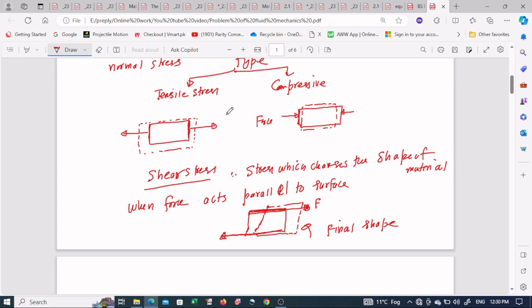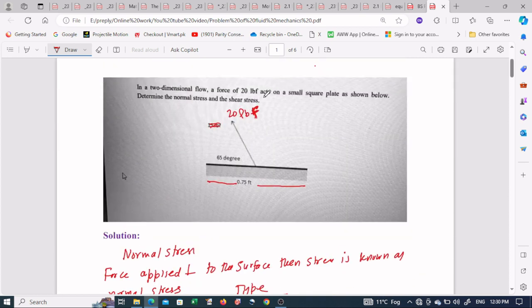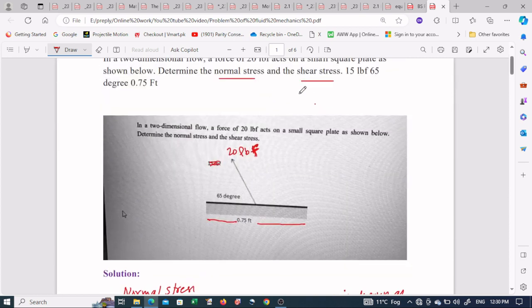Now in this problem we have to find normal stress as well as the shear stress. In order to find the normal stress, first of all we have to divide this force into two components. One is the normal component, that is the perpendicular component. The other one is the horizontal component, that is the parallel component.